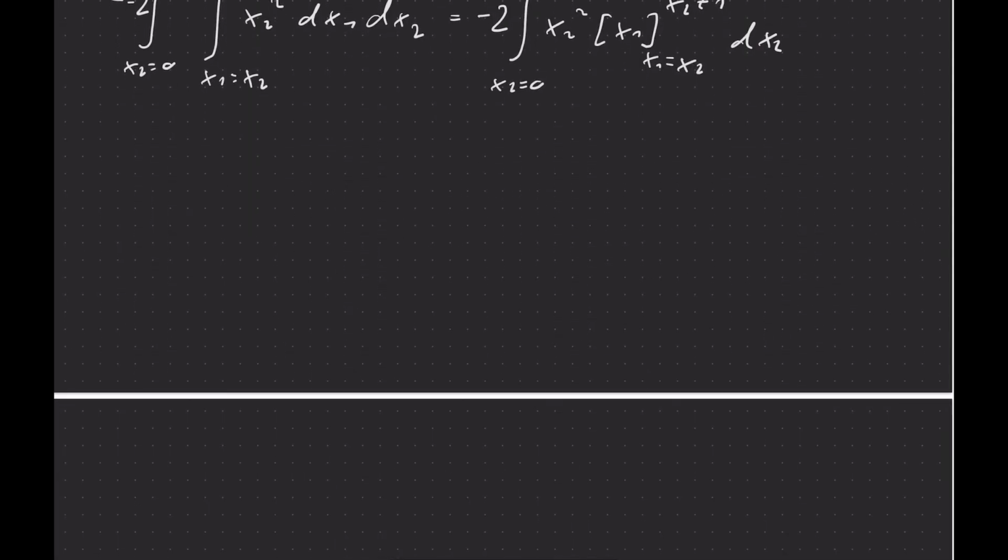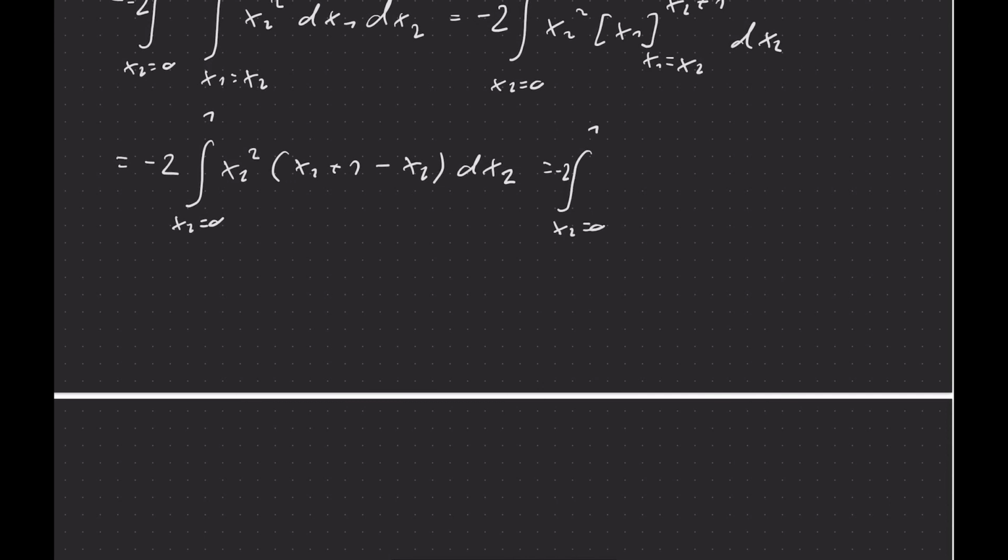So what we get is minus 2 times this integral over x2 from 0 to 1 of x2 squared times upper bound x2 plus 1 minus lower bound x2, dx2. So this becomes extremely simple. We have minus 2, the integral from 0 to 1 of x2 squared, and this expression here just becomes 1.